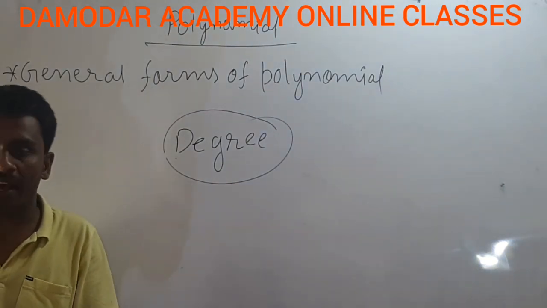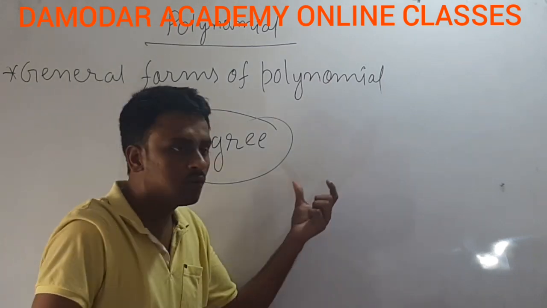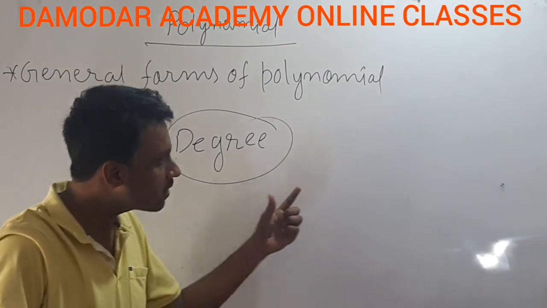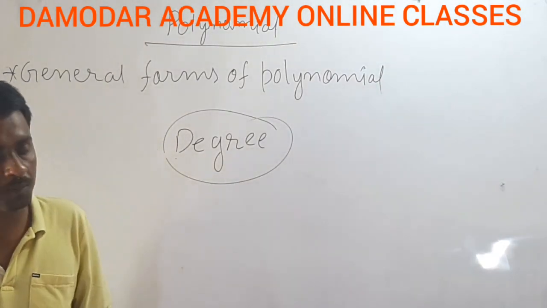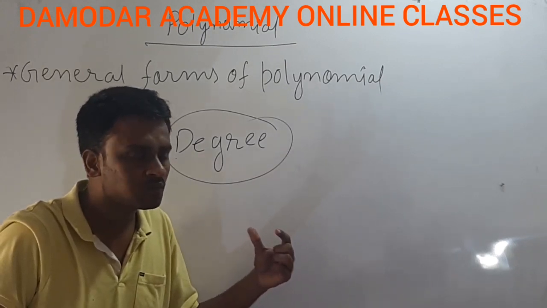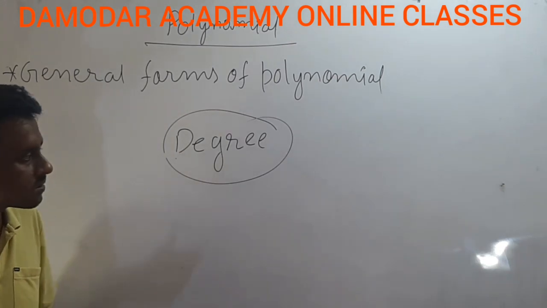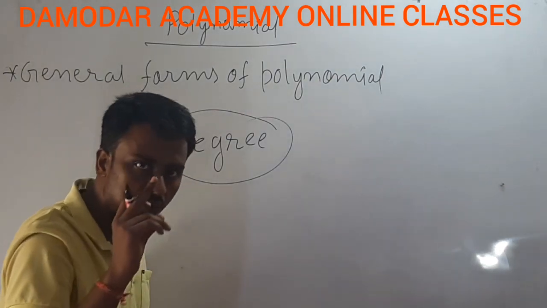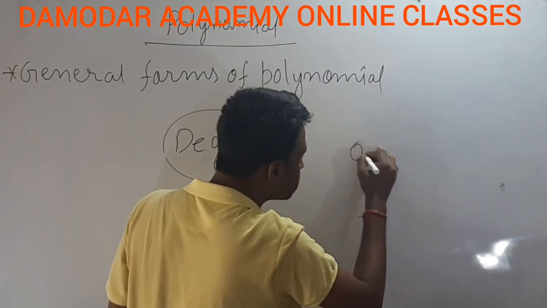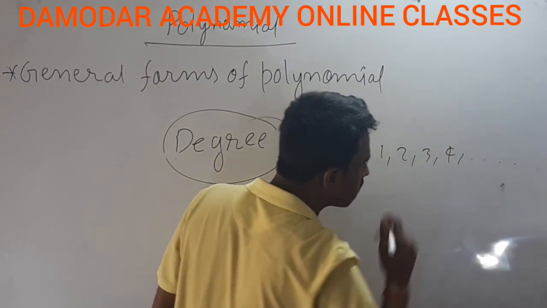And Birender sir told you when he taught you the number system, in that class he taught you what a whole number is. My dear students, whole number means all the counting numbers together with 0. Means 0, 1, 2, 3, 4 and so on.